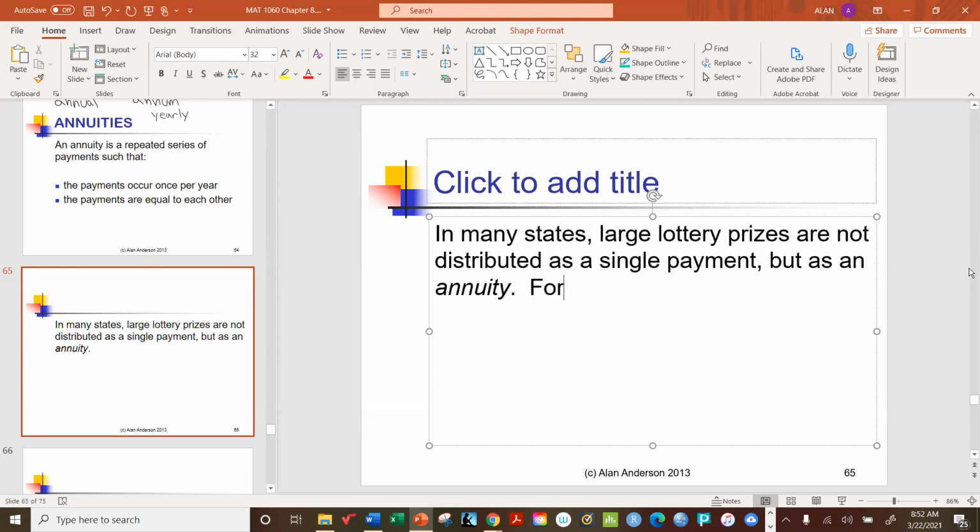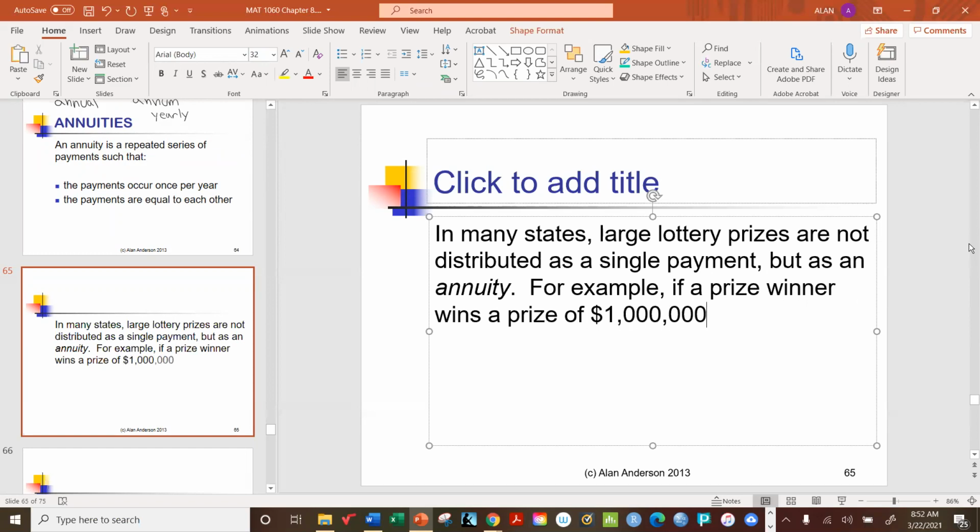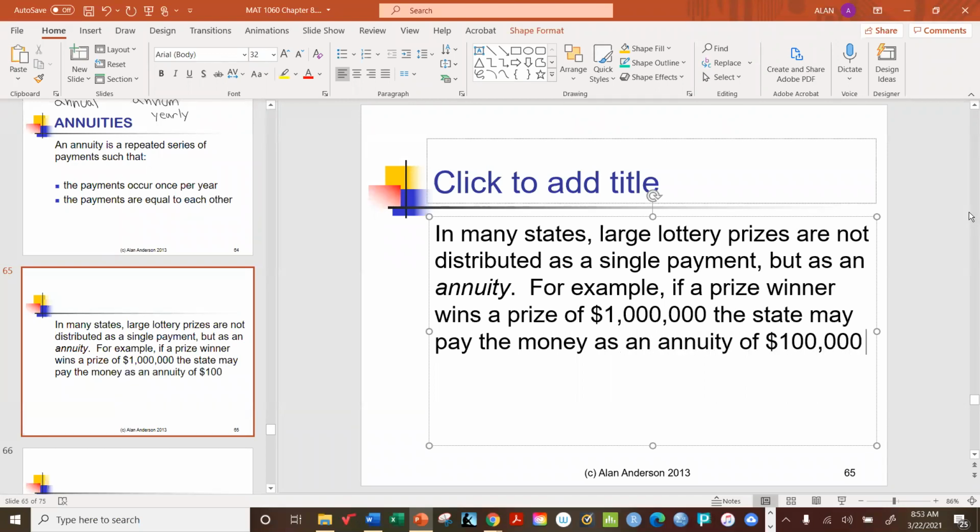Okay, for example, if a prize winner wins a prize of $1 million, the state may pay the money as an annuity of $100,000 per year for 10 years.